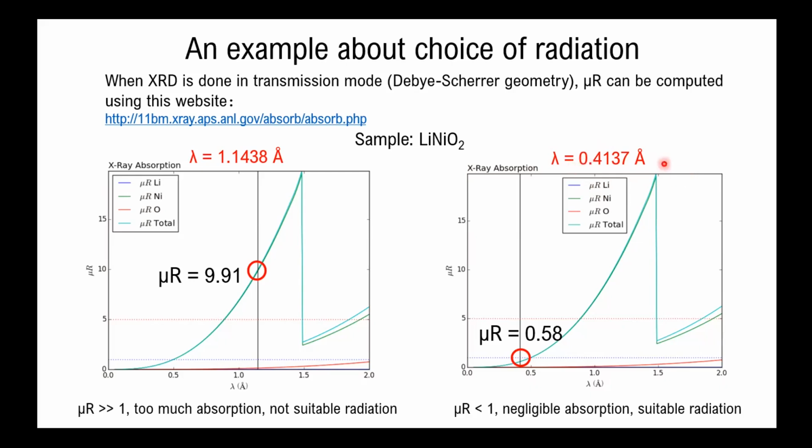In that case the sample could be absorbing if we use short wavelengths, and it might be more appropriate to use longer wavelength radiation, right? So we can have a rough rule of thumb guess even before we do the detailed calculation. Okay.